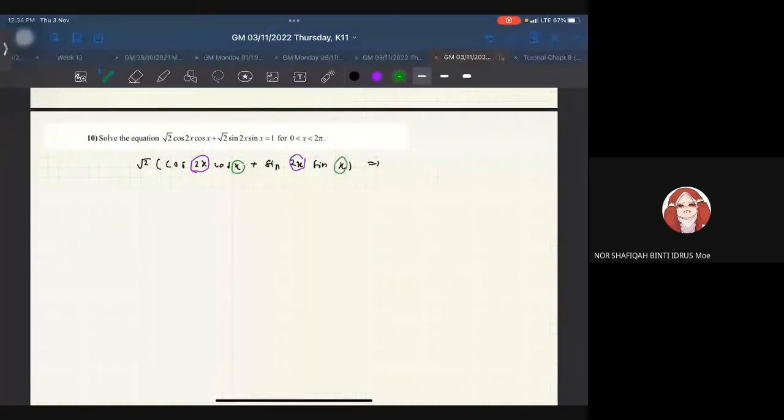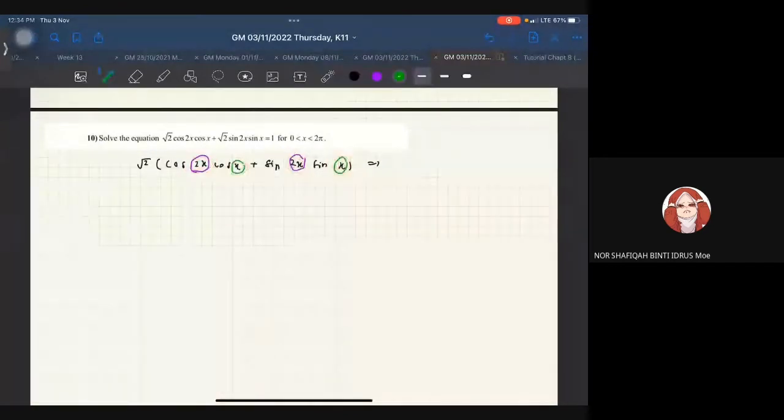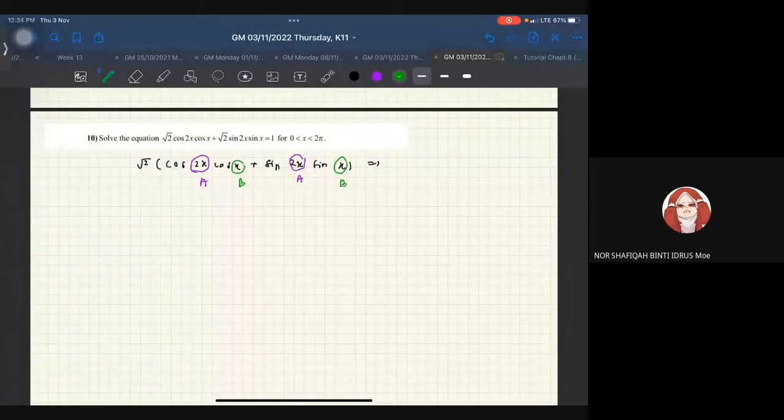Dekat sini x. Okay, so dekat situ kita nampak satu pattern sebenarnya. So saya nak gantikan 2x dengan x tu jadi a dengan b. So 2x is a. x is b.